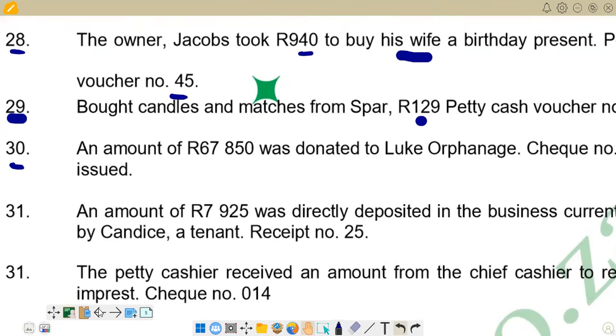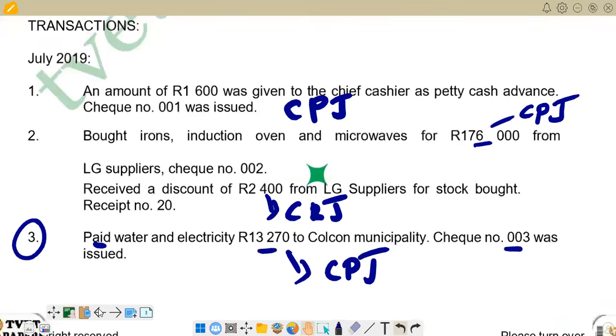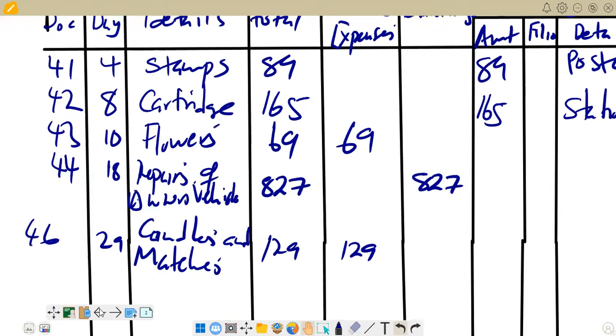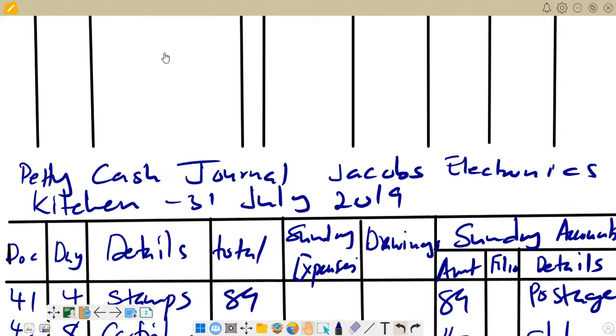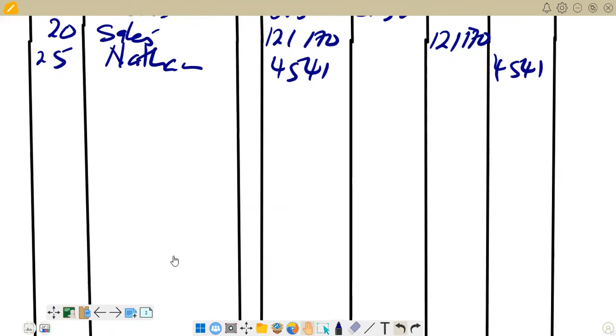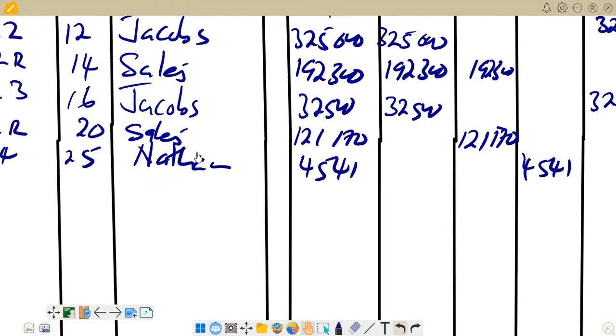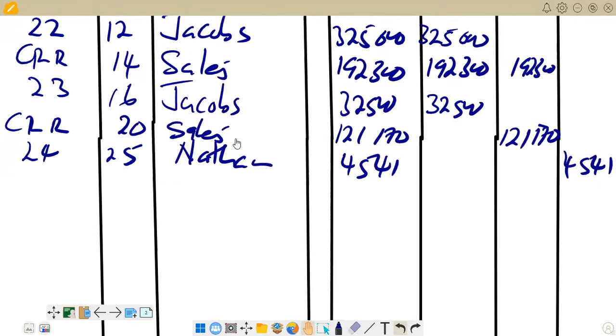So we go to the cash receipts journal. And this is our cash receipts journal. What we are going to do there is summarize the details: document number 25, and then date 31.